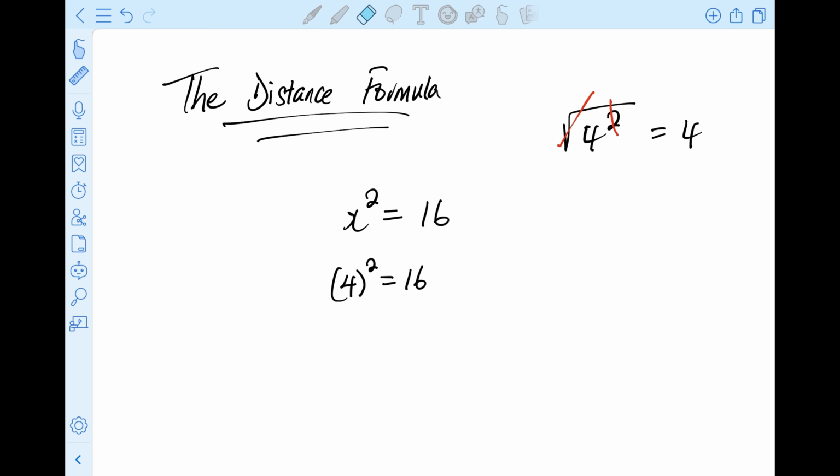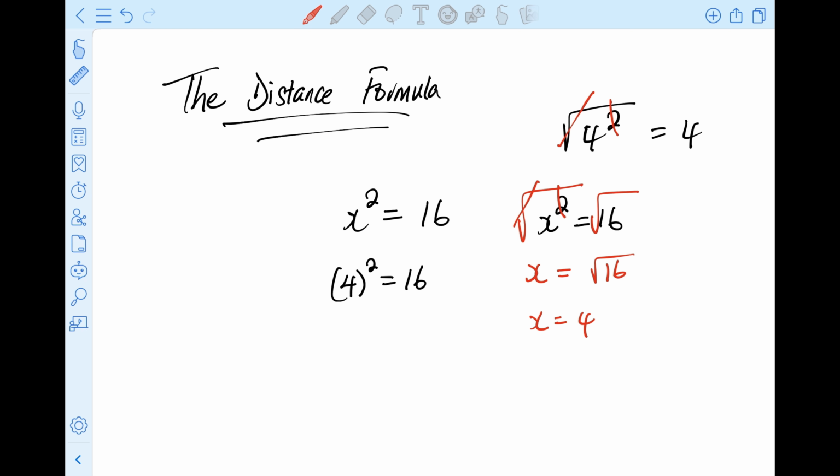As you know, when we're solving equations, we focus on doing the opposite. So if I had x squared is equal to 16, I could find the square root of both sides. The square root and the square cancel, leaving x equal to the square root of 16, which is 4.